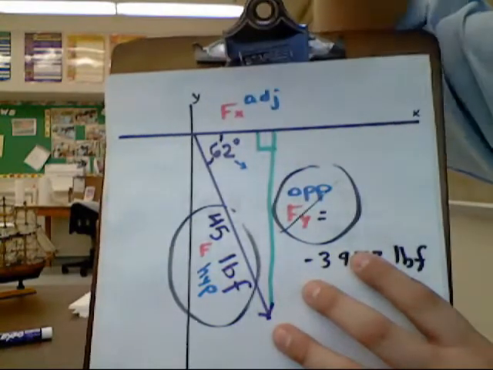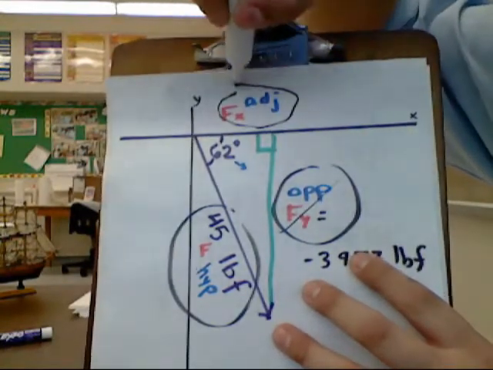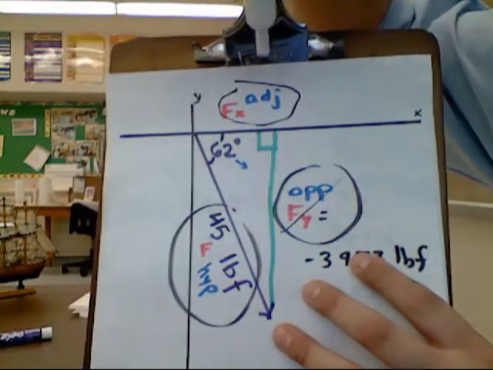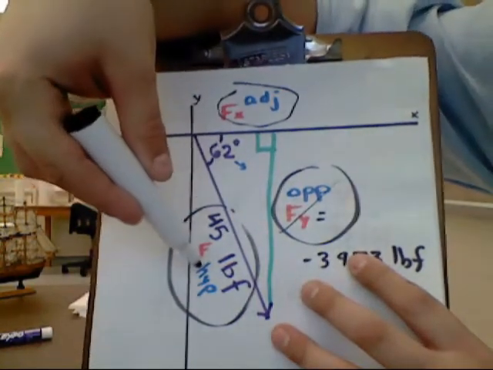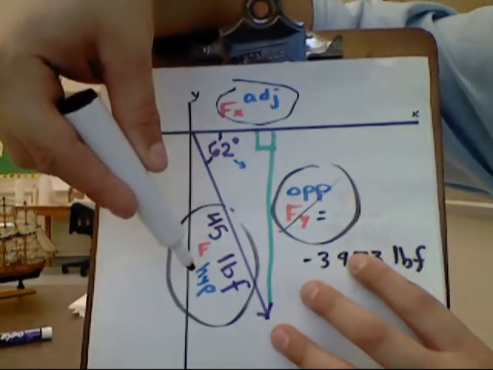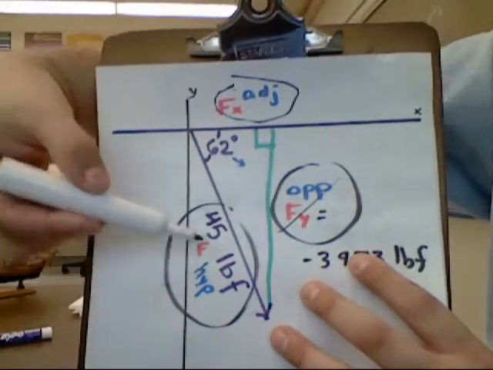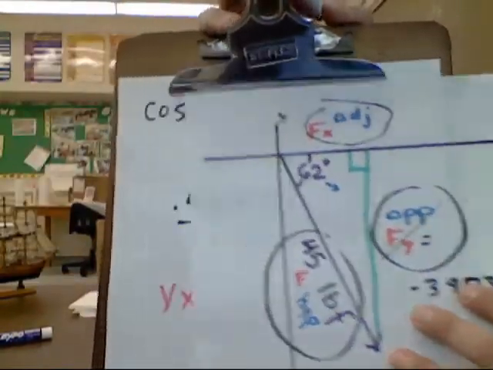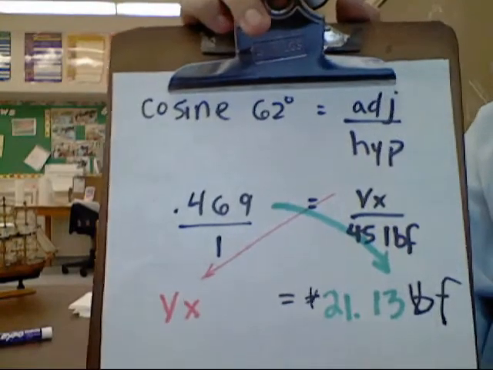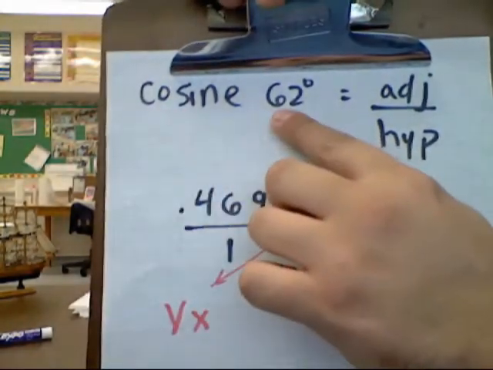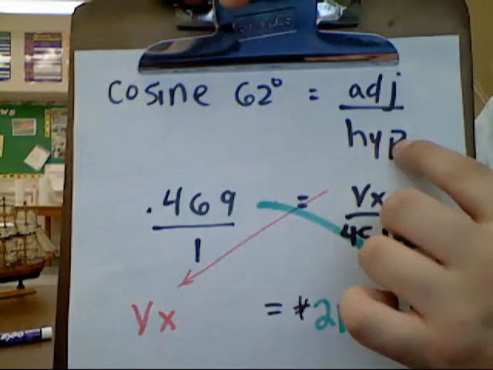We've solved for it. Now I need to go up here and do Fx, which is the adjacent side. Adjacent and hypotenuse, that is the cosine ratio. So I'm going to set up an equation involving my adjacent, Fx, and my hypotenuse, 45 pounds force. To set up the equation, first I just remind myself of what cosine is. Cosine of 62 degrees is adjacent over hypotenuse.